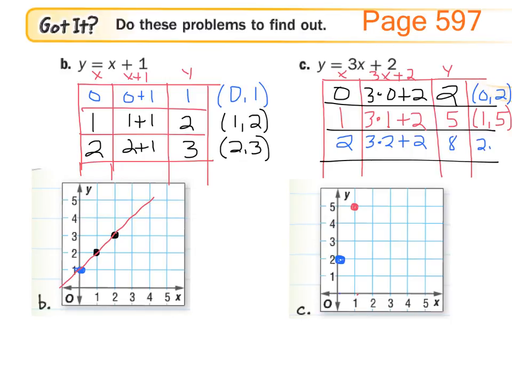So the point is 2, 8. So I can go over to 2, and here's my 5. 6 is right on that line, so it's going to be about right up here. Probably not perfectly, maybe up a little bit more to the side. And then I will connect it with a line as best I can.